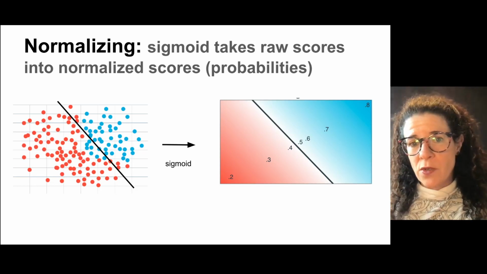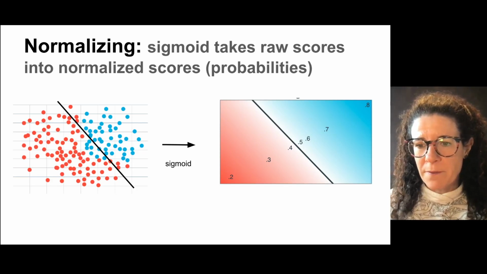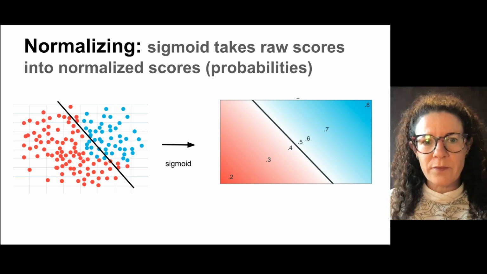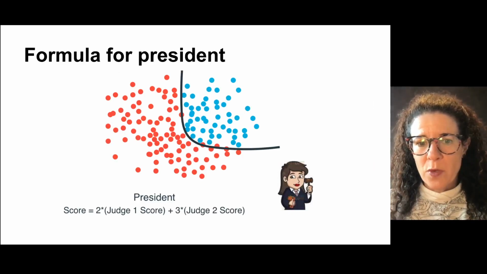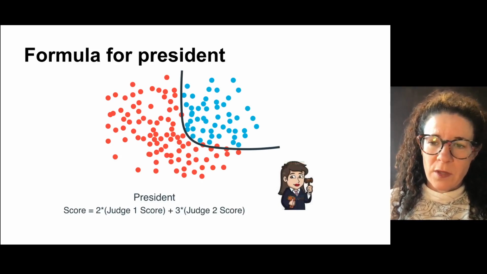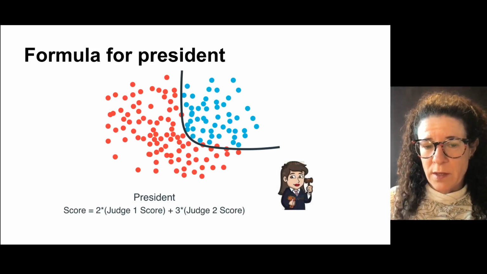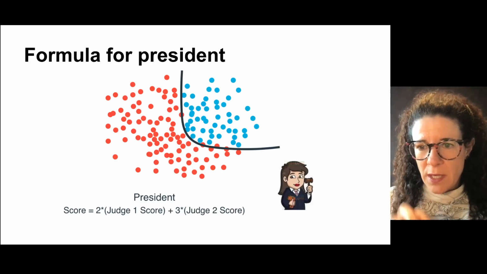For example, we can use a sigmoid function to go from a raw score to a probability from 0 to 1. And then finally, the formula for the president is going to combine the normalized score from judge 1 and the normalized score from judge 2 into a linear score.